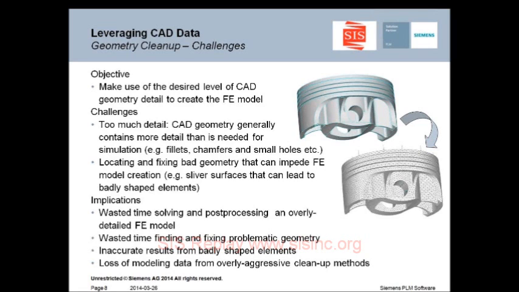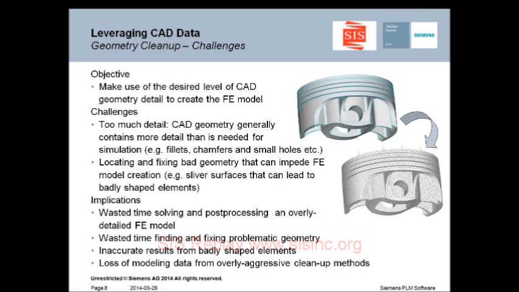So we need to find that. We need to remove all of that extra detail. There may be some bad geometry in the model. The CAD geometry is created to be representative from a visual point of view, and it may contain some sliver surfaces, or there may be gaps in the geometry which can disrupt the process of creating a finite element model.